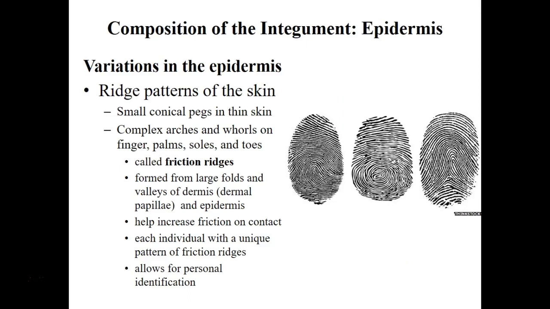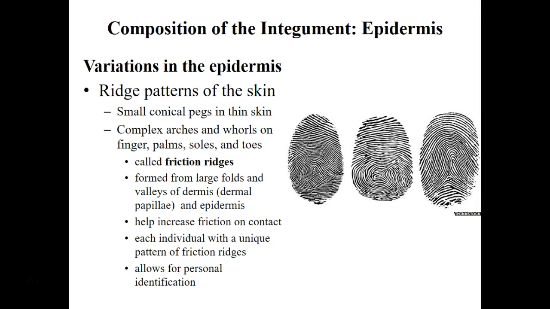The last thing we'll talk about in this video will be the epidermal ridges. So the epidermis, if you look at your fingers, they have these tiny ridges on them. The ridges are called friction ridges that are produced for the purpose of holding materials. If you had smooth fingers, then you wouldn't be able to hold things as effectively. So they help you in grasping.